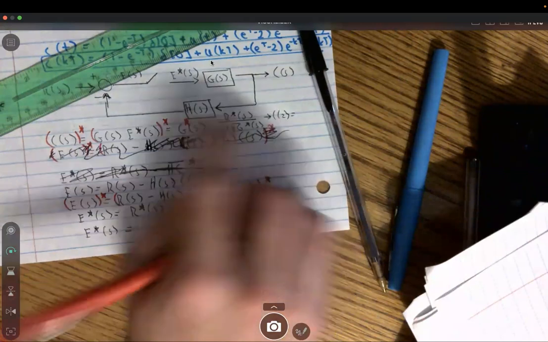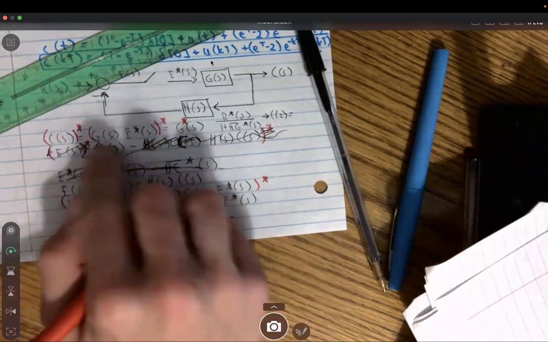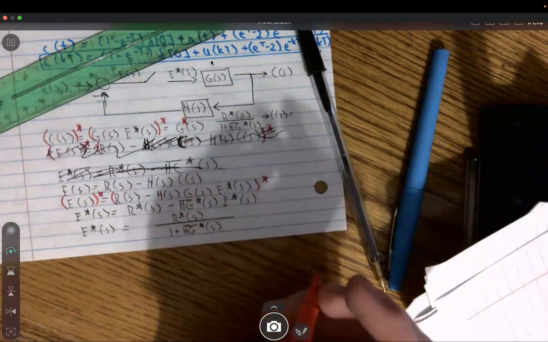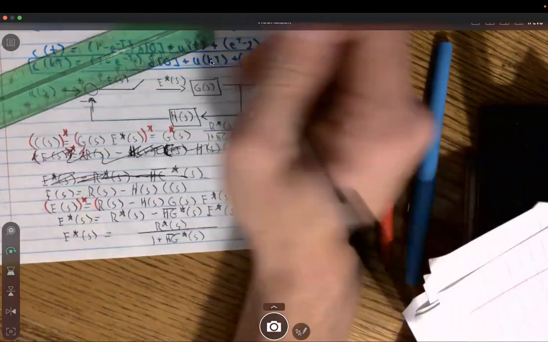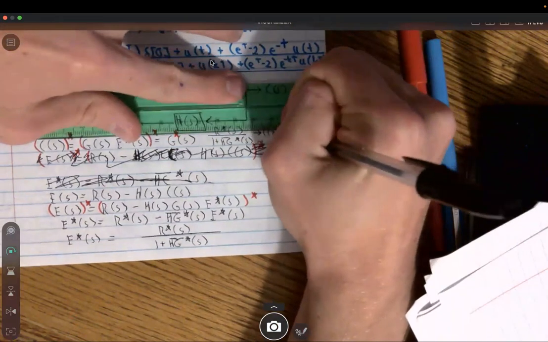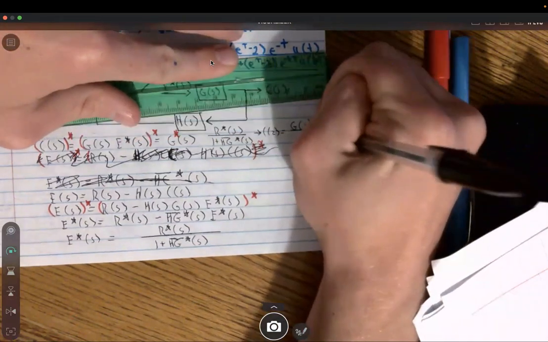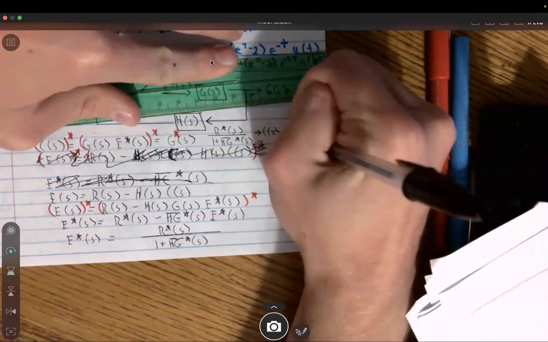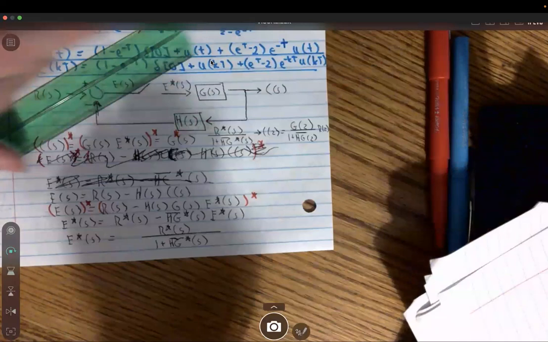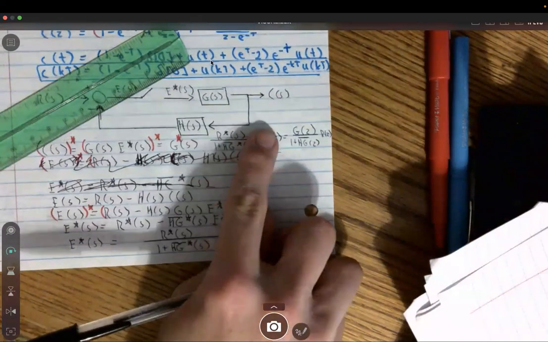So your C of Z, which is the star transform, is going to equal your G star of S, and our G star of S would just be your G of Z multiplied by R of Z, all over 1 plus HG of Z, and this is combined. So there's your transfer function of your closed loop system.